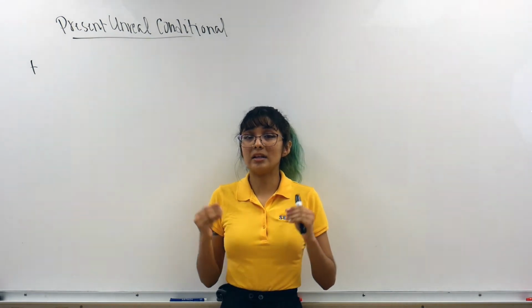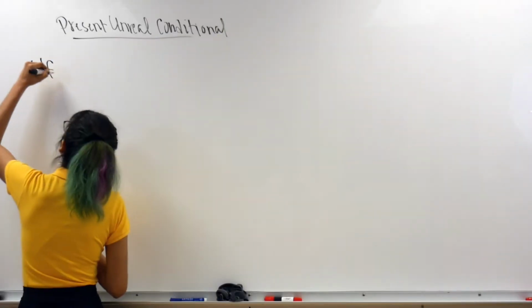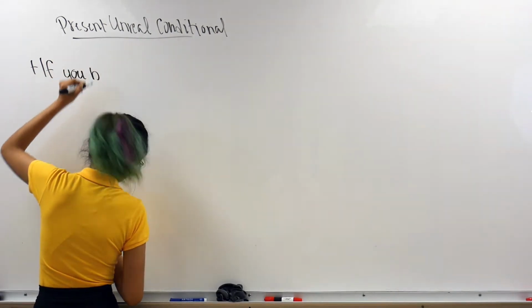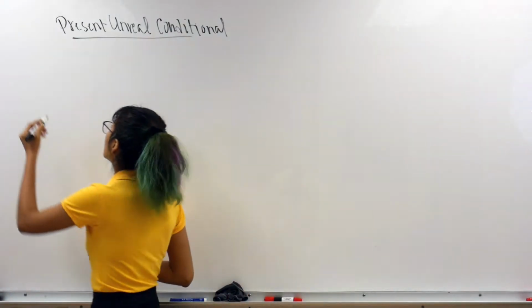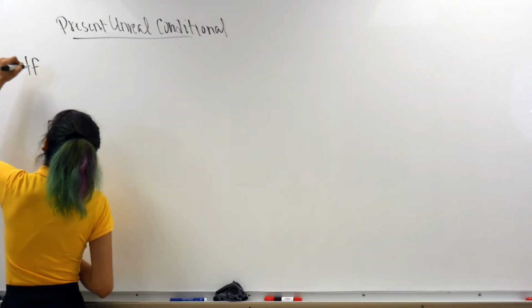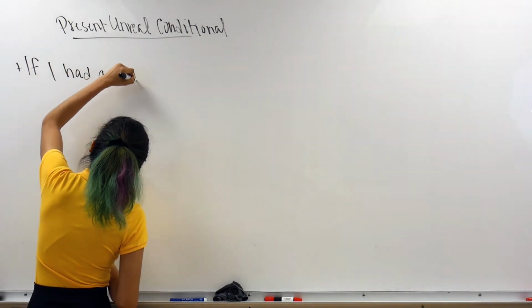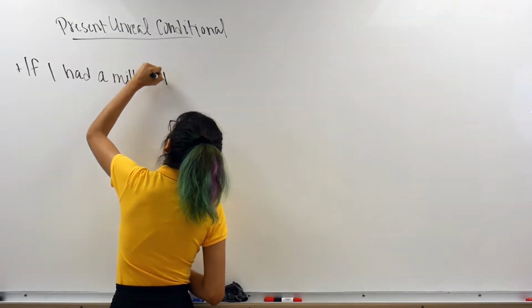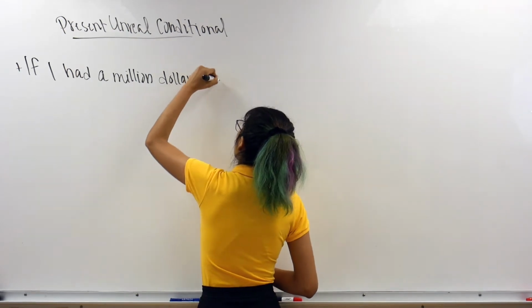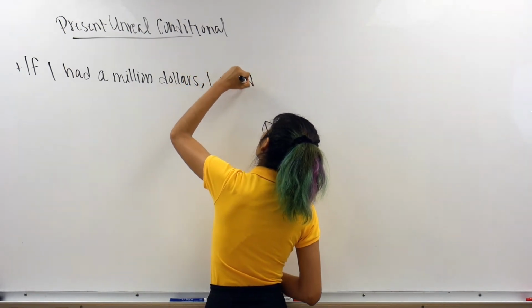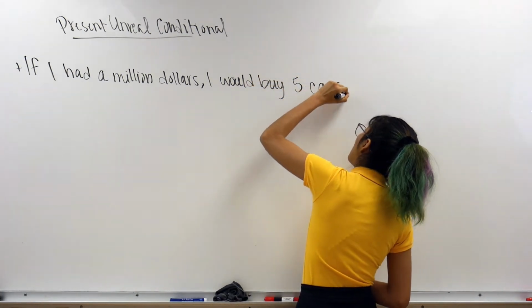If you had $1 million. So we're going to start off with if I had $1 million, I would buy 5 cars.